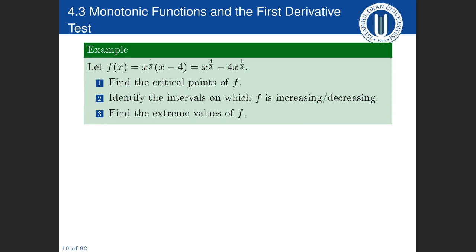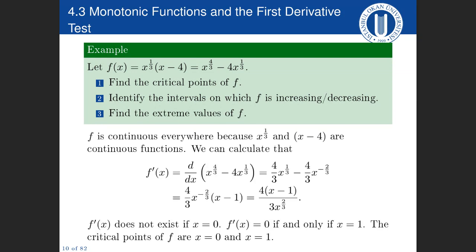And then 3. Find the extreme values of f. So what can we say about this function? Well, this function is continuous everywhere because x to the power 1/3 and x minus 4 are continuous functions. And we know a continuous function multiplied by a continuous function is a continuous function.